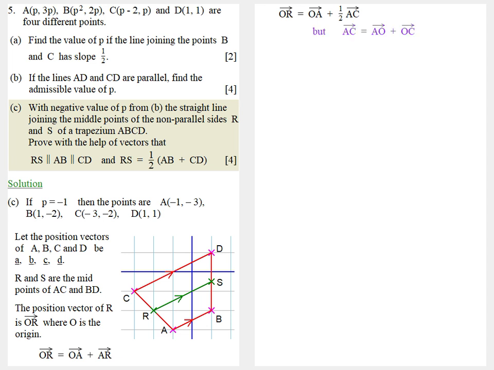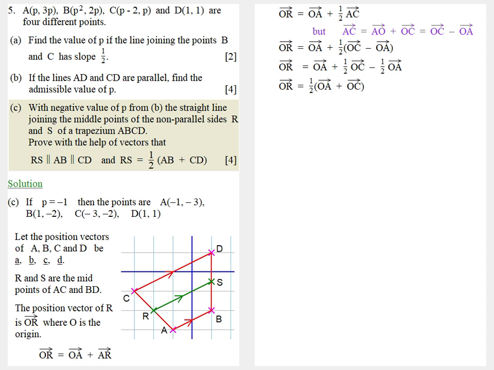But AC equals AO plus OC, or OC minus OA. So OR is equal to OA plus a half of (OC minus OA). OR is equal to OA plus a half OC minus a half OA, and that simplifies down to a half into (OA plus OC). Now, as vectors, that can be written OR is equal to a half of (a plus c).